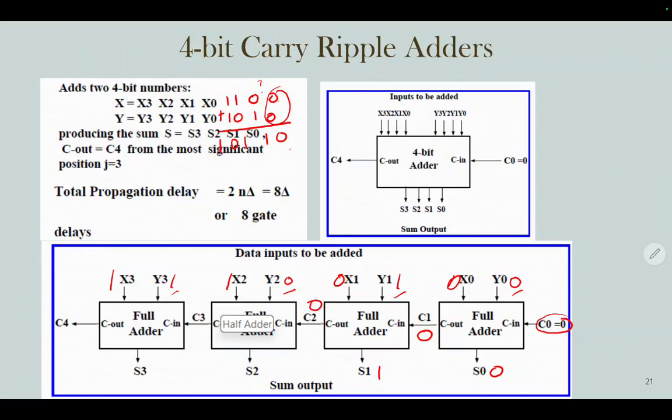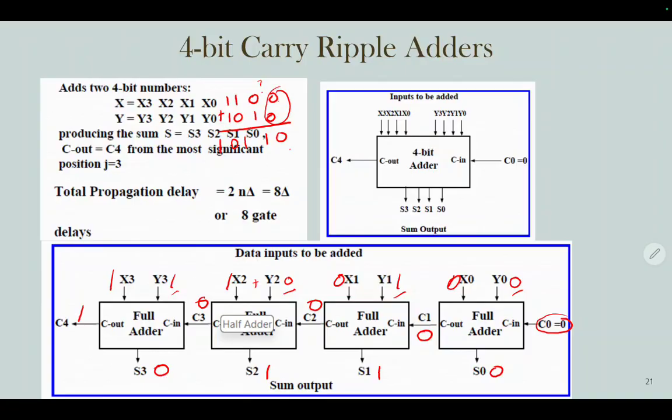Then 1 plus 0 plus 0 gives 1, no carry. 1 plus 1 equals 0, carry 1. So 1 plus 1, sum equals 0, carry 1.